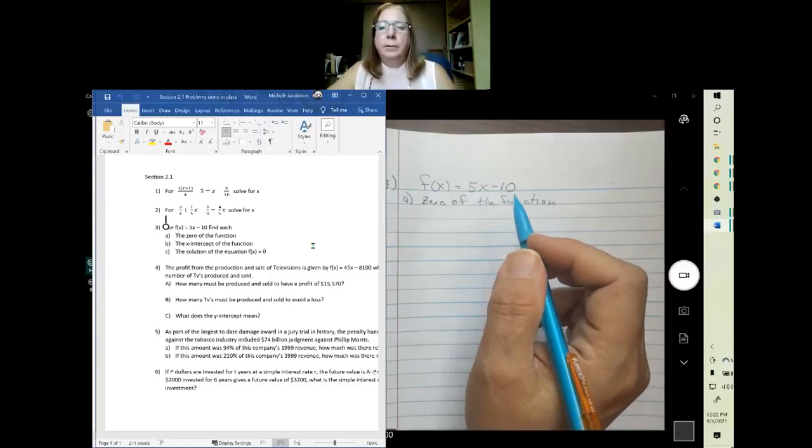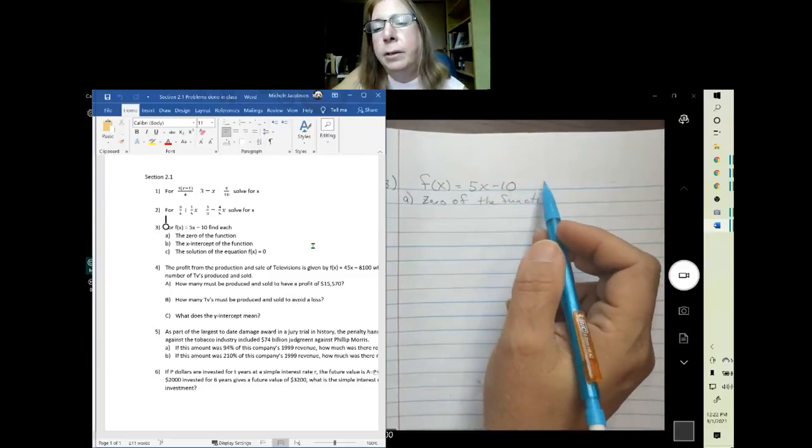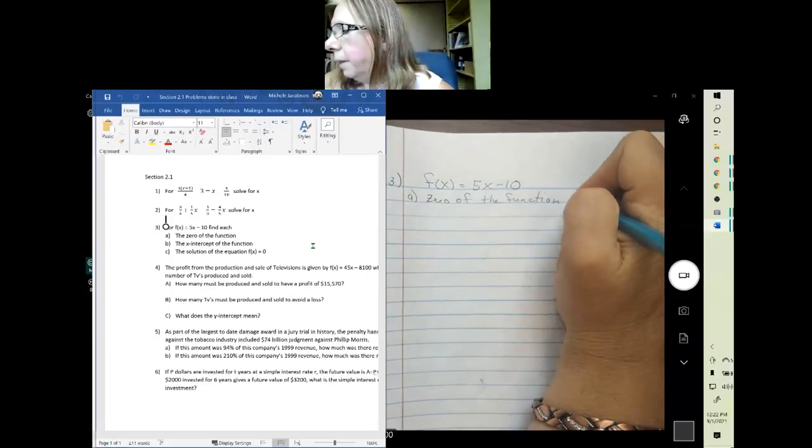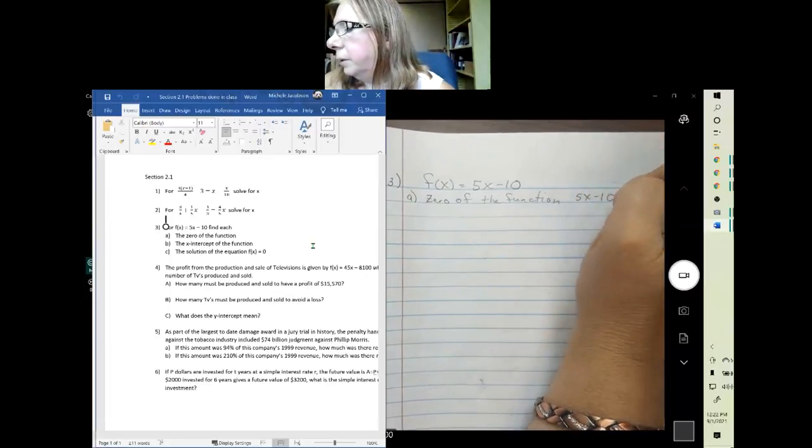To find the zeros, you set it equal to 0. So if we're looking for the zeros, we set the function 5x minus 10 equal to 0 and solve.